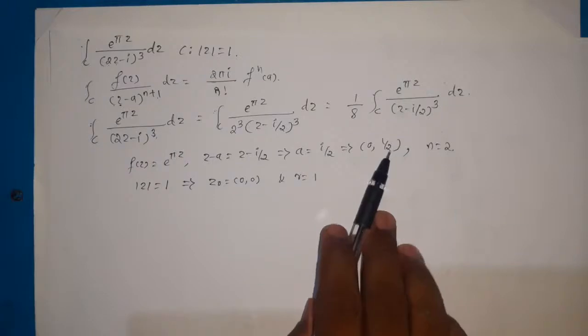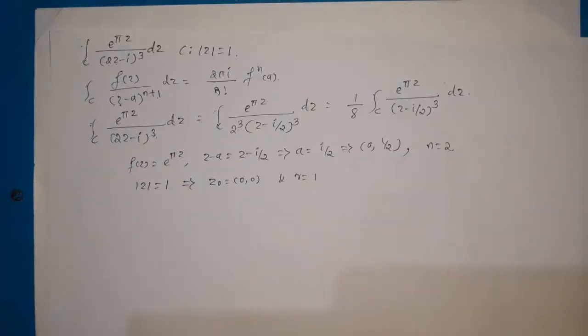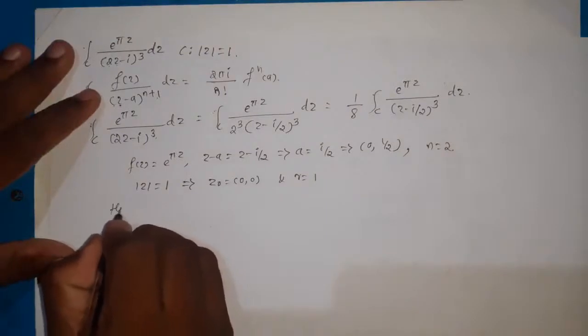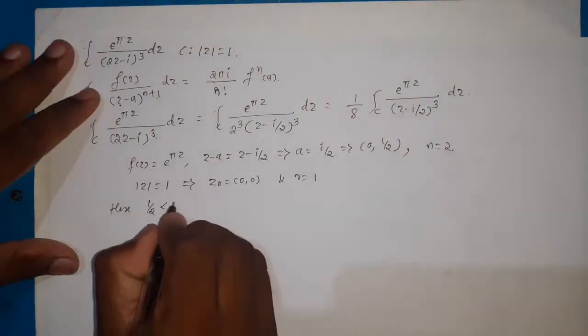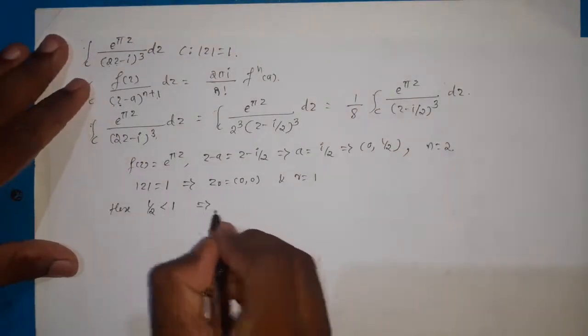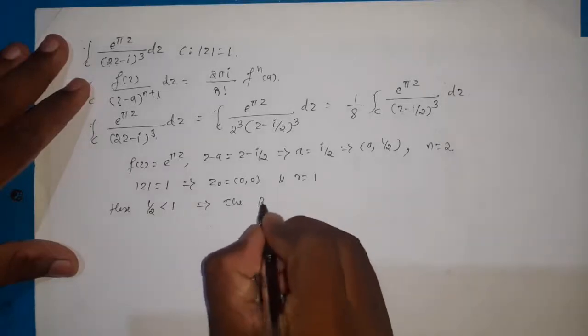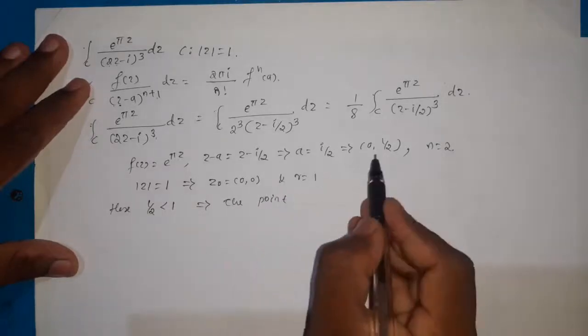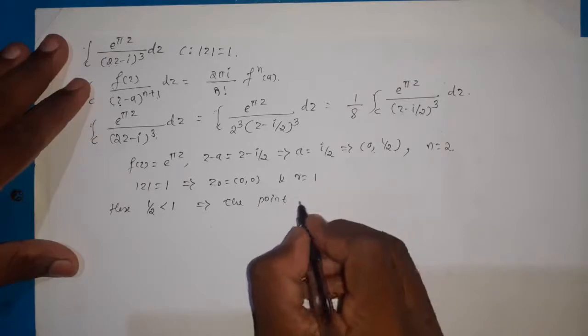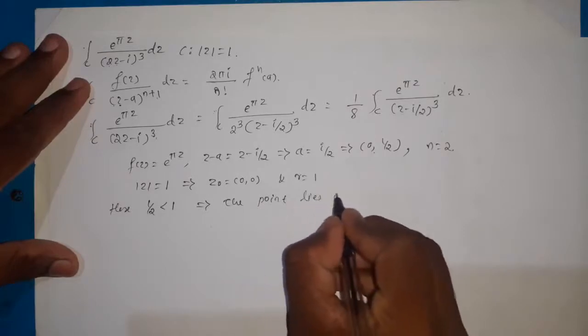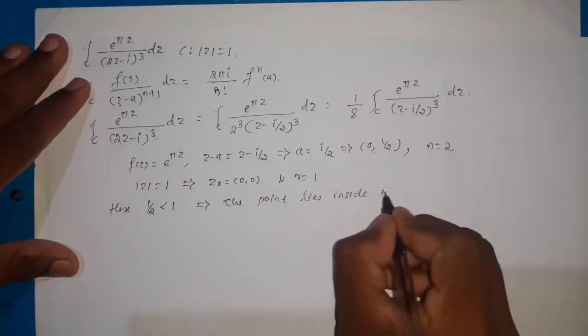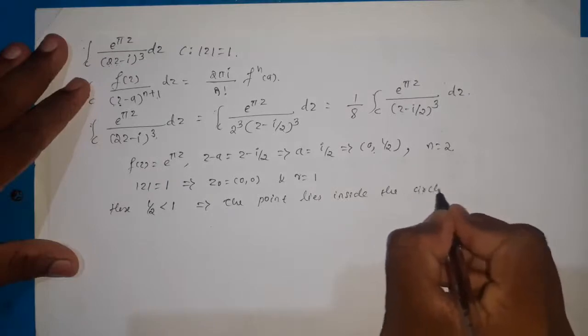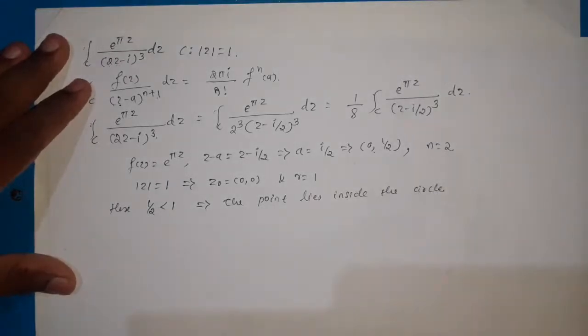So 1 by 2 is less than 1, therefore the point lies inside the circle. So here 1 by 2 is less than 1, it implies that the point, means the value of a, lies inside the circle.